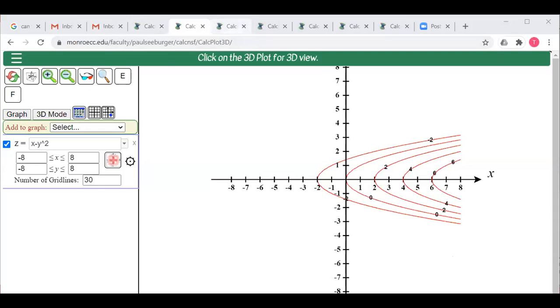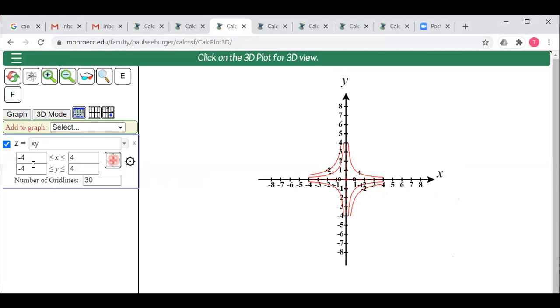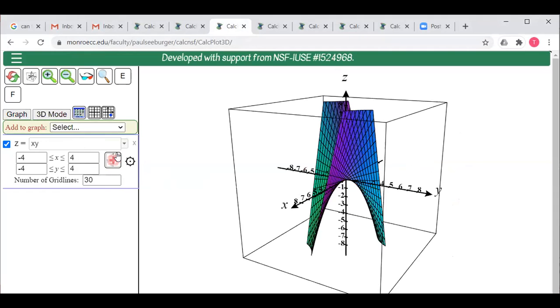Now let's go to my next curves here. I define z equal to xy. See here, this is what the z graph looks like.